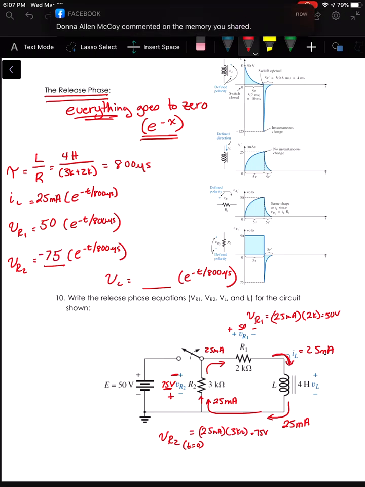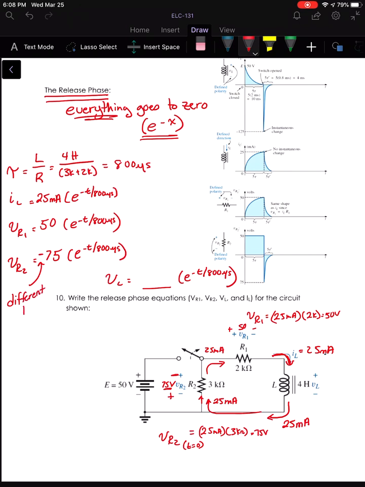I'm going to actually say negative 75. Because that just indicates that the direction is different from where we started. It's not really a negative voltage so much as it's the opposite direction that we're talking about.